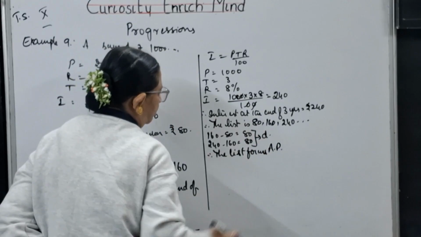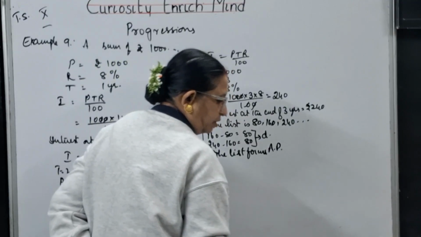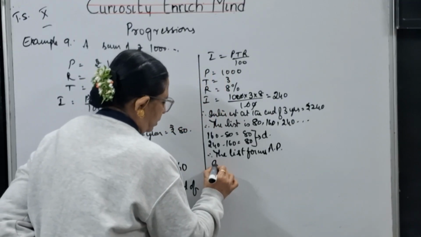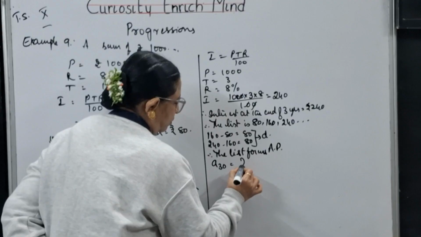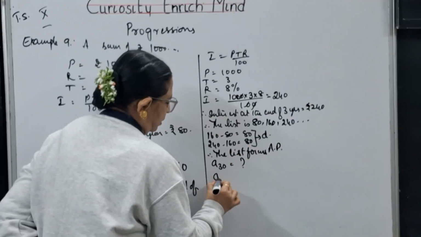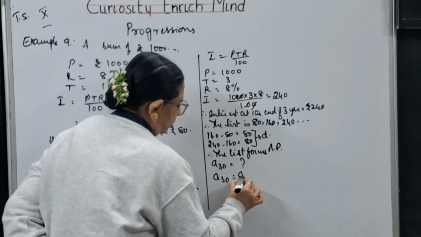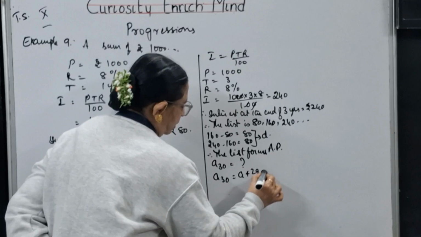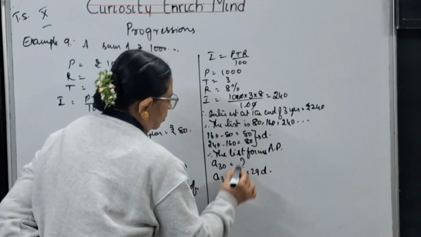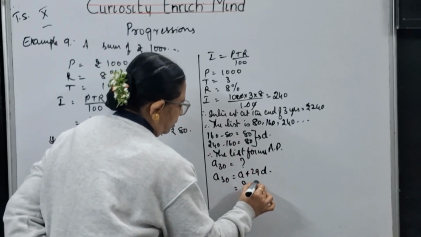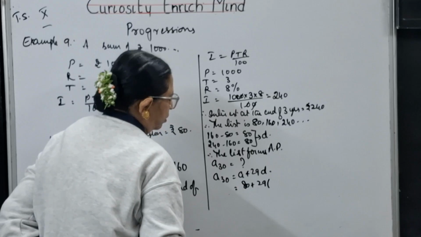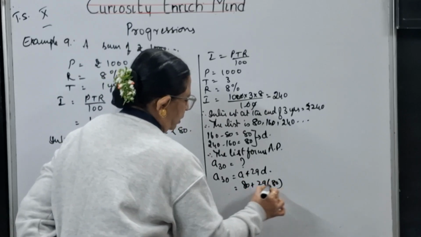Now, if it is in AP, what are they asking? They are asking to find out A30. What is A30? A30 is equal to a plus 29d. a is 80, plus 29 into common difference, which is again 80.